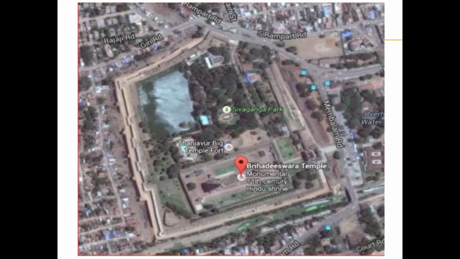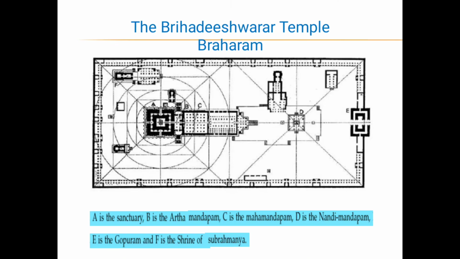So this is a Google Map picture. So this is the Prahadeeswarar Temple Pragaram picture. Here we can note that A is the Garbhagraham, B and C are the Mandavams, D is the Nandi Mandavam, and E is the Gopuram, which is at the entrance.